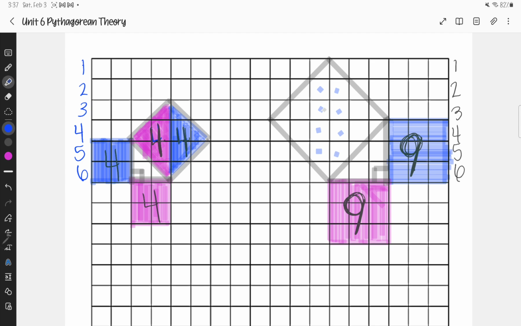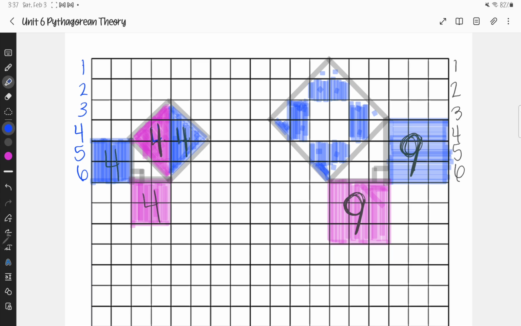I'm going to make a pattern on this one. So I'm going to actually take these off. So I have 1, 2, 3, 4, 5, 6. 9 is so crazy. We just need 9. Okay, so I'm going to shade those. So there's 9 blue. There's 2, and that half is 3. There's 4, 5, 6, 7, 8, 9.